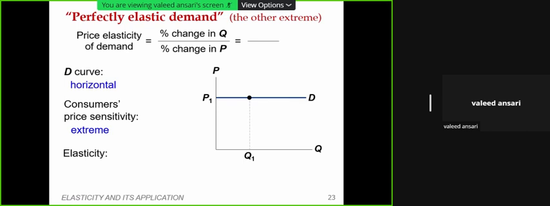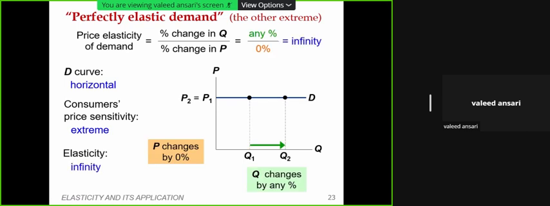Another extreme case is where at this price any quantity can be sold. Any percentage divided by 0 is infinity, so the elasticity will be infinity.